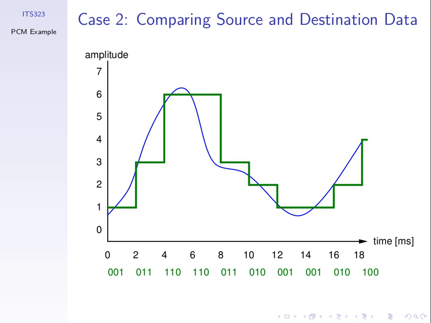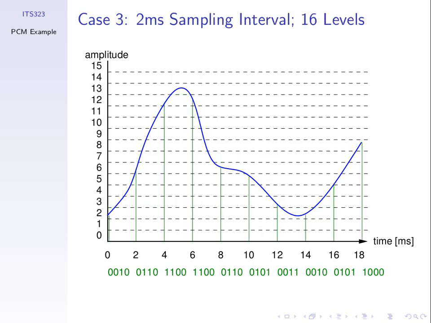The other thing we can do is change the number of levels we have available. This is case 3. We use the 2 millisecond sampling interval, but move from 8 levels to 16 levels. So I divide the space from the minimum, 0, up to the maximum, instead of into 8 different levels, into 16 different levels. So the first sample at time 0 corresponds to this level, which is 2.